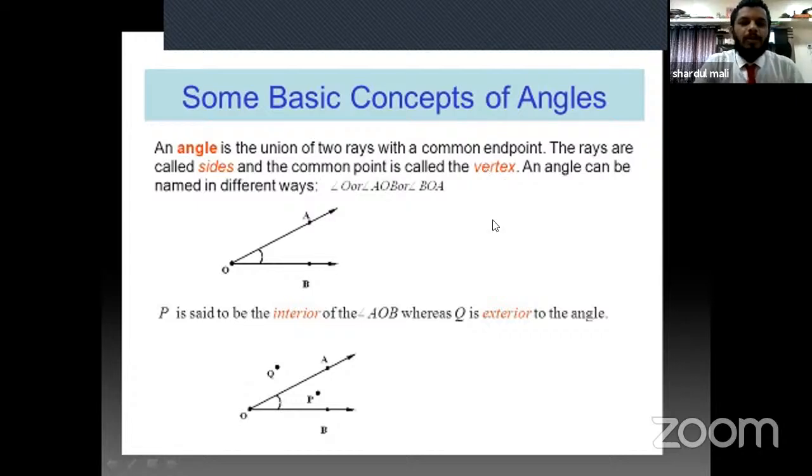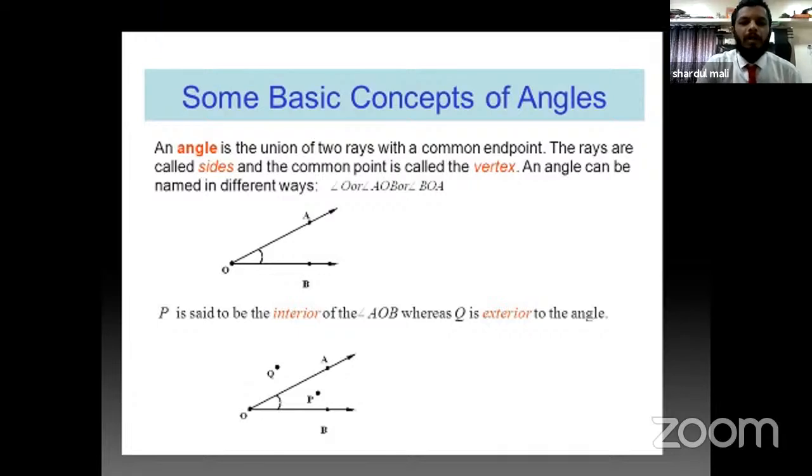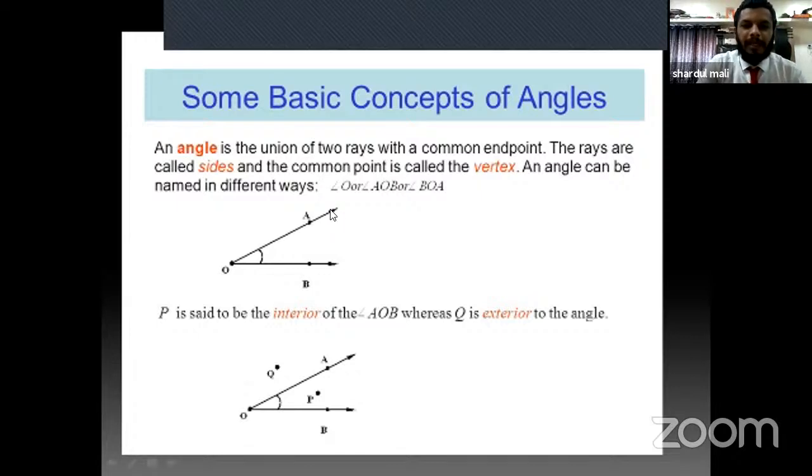It means that two rays are joined at their endpoints, and that makes a single angle. Look at this diagram. The rays are called sides, and the common point is called the vertex of that angle. It means that in this diagram, two rays are present.